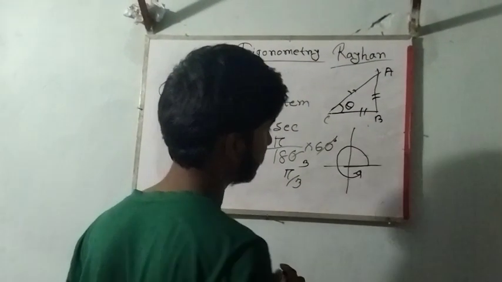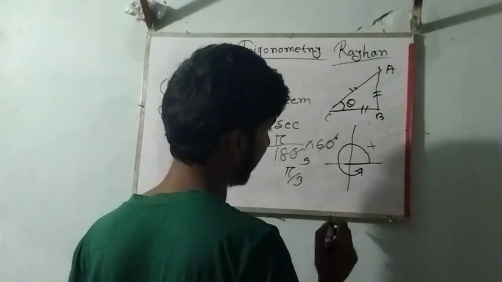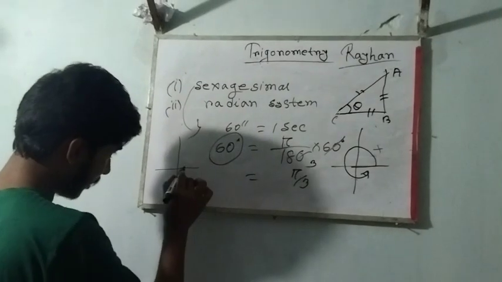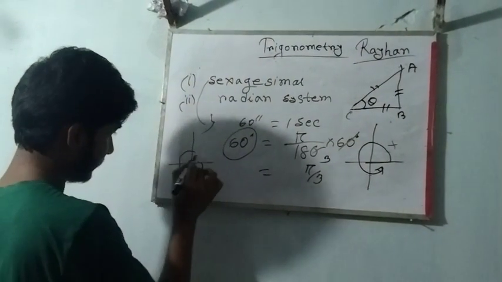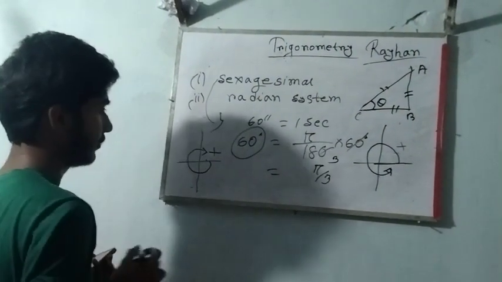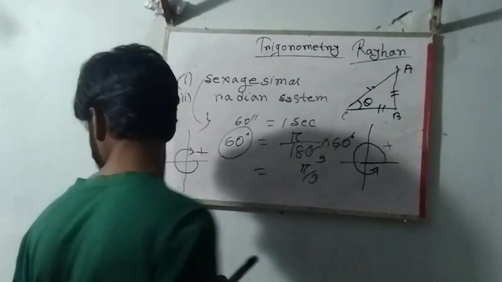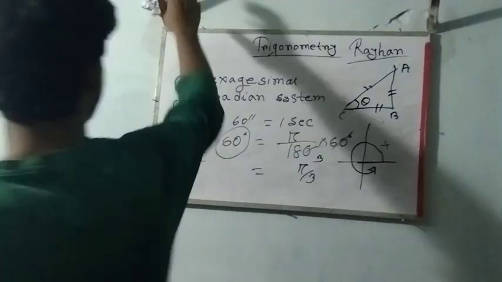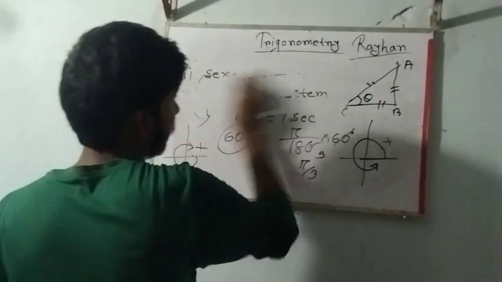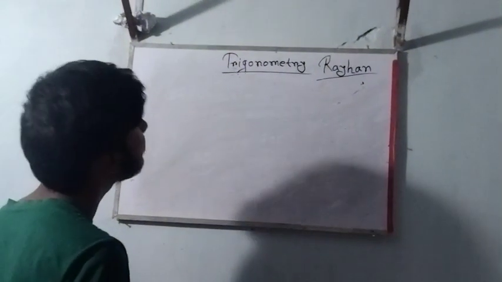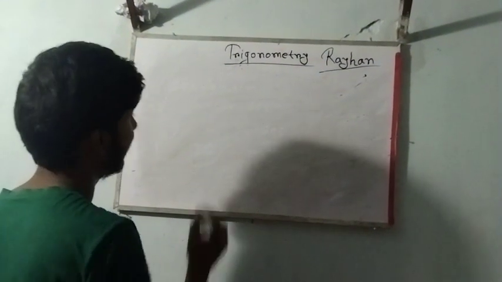This is anti-clockwise and this will be the positive angle. And if we think about clockwise, then it will be a negative angle. So we have to understand what is clockwise and what is anti-clockwise. The negative angle is the movement clockwise.